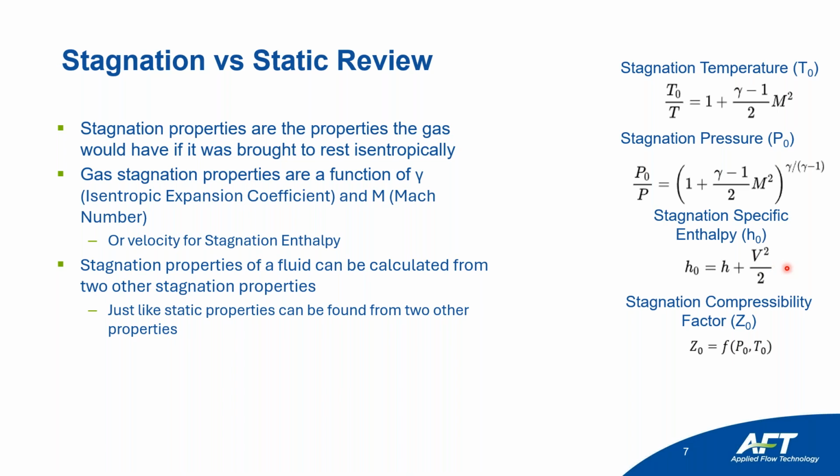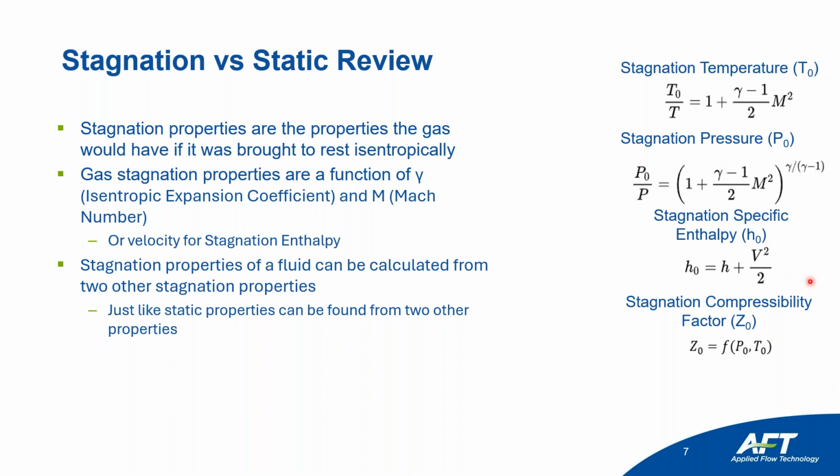What a few people don't know, and I didn't know for a while, is stagnation properties of a fluid can be calculated from 2 other stagnation properties. So just like how if you have 2 static properties like pressure and temperature, you can get enthalpy, or pressure and enthalpy, you can get temperature, you can do the same with stagnation properties.